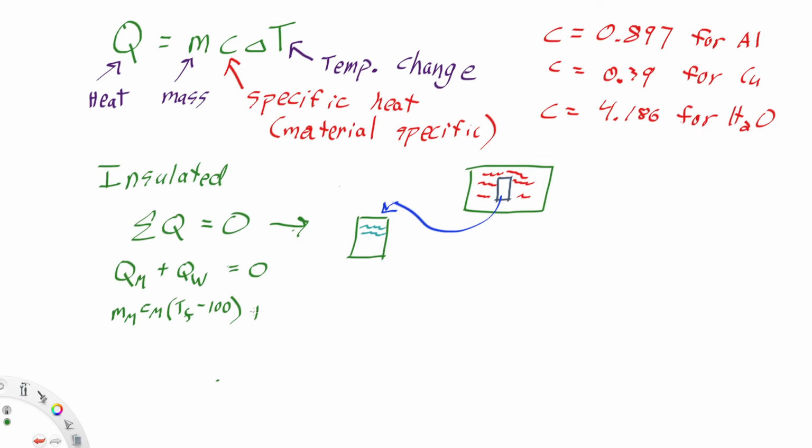For the water, we know what mass of water is in the cup because we're the ones that put it there. We know what the specific heat of water is because we looked it up on Engineering Toolbox. And the change in temperature, it heats up to the same final temperature, and it started off at, say, like 23 degrees. Something like room temperature.